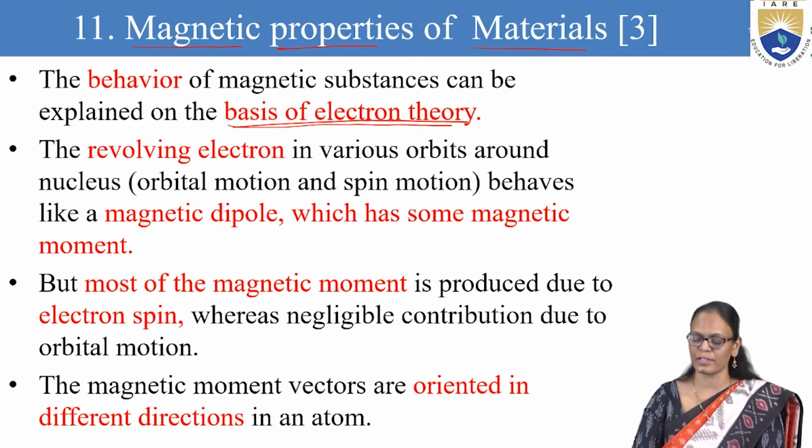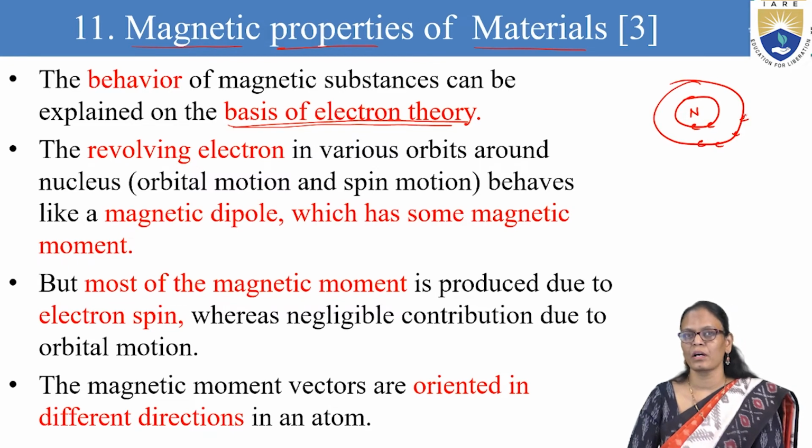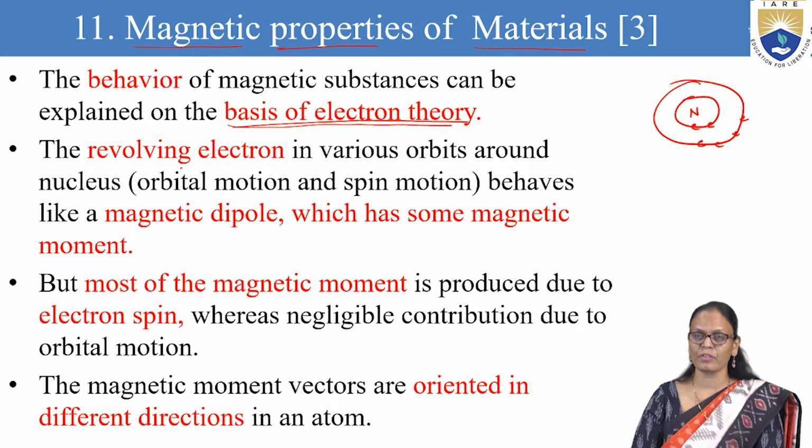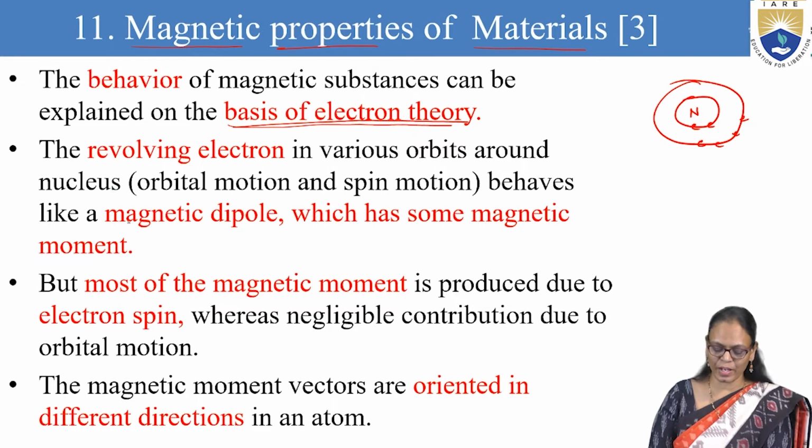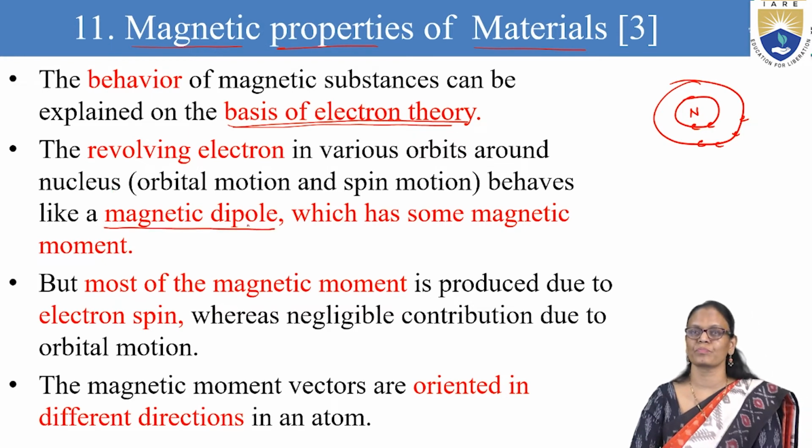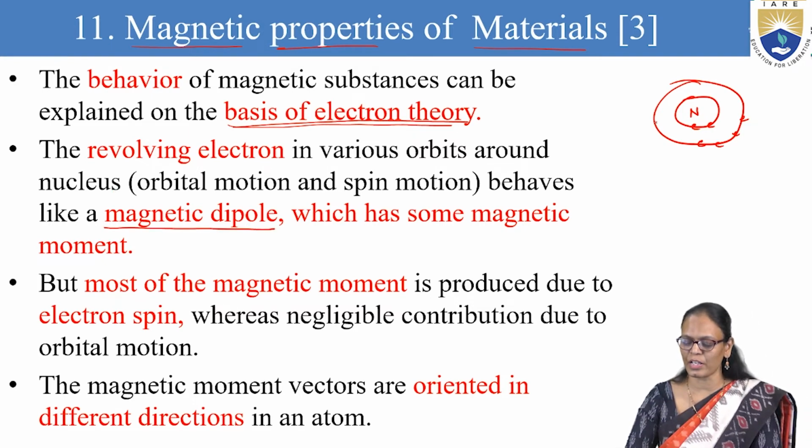Whenever you take an atom, you have the nucleus at the center and electrons revolving around the nucleus in fixed orbits. Now, these revolving electrons around the nucleus behave like a magnetic dipole, because an electron revolving in a fixed orbit gives rise to a current.